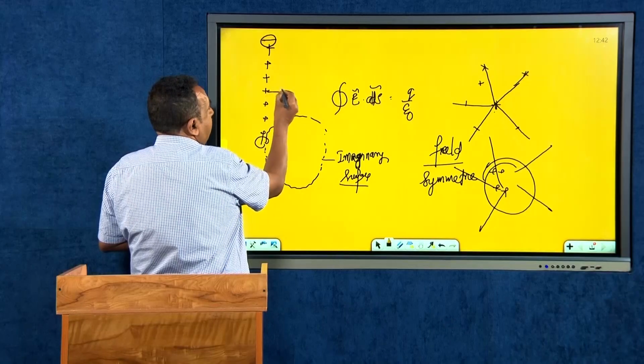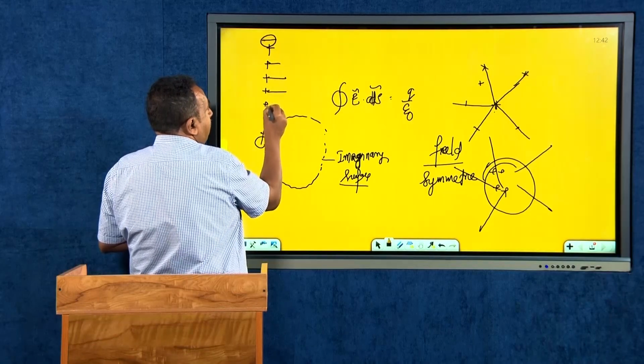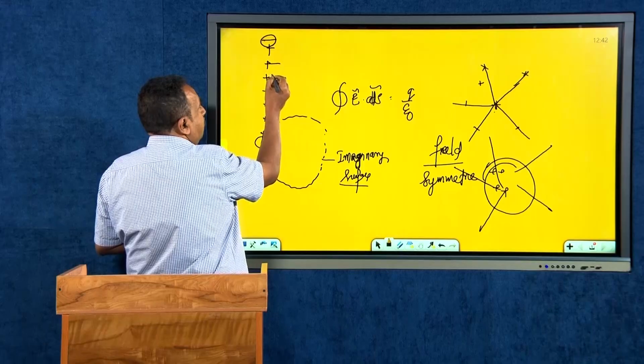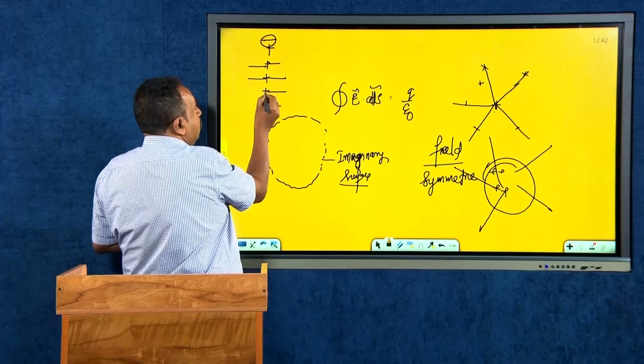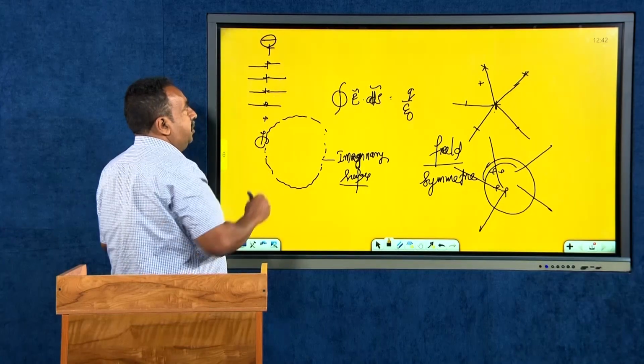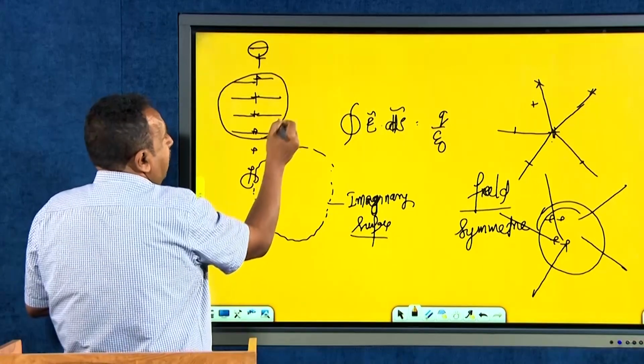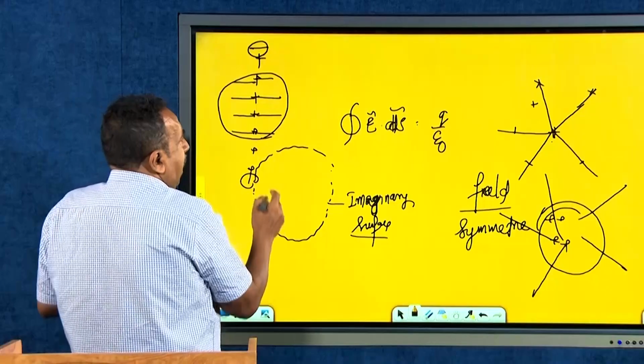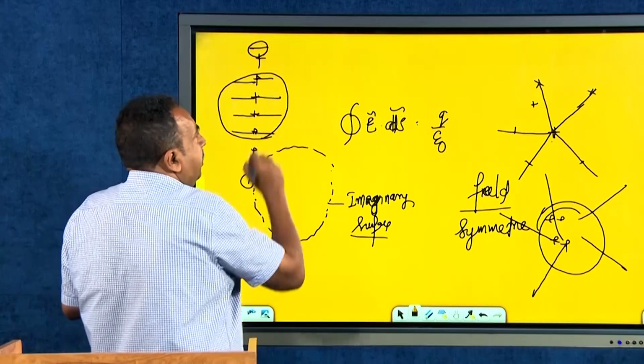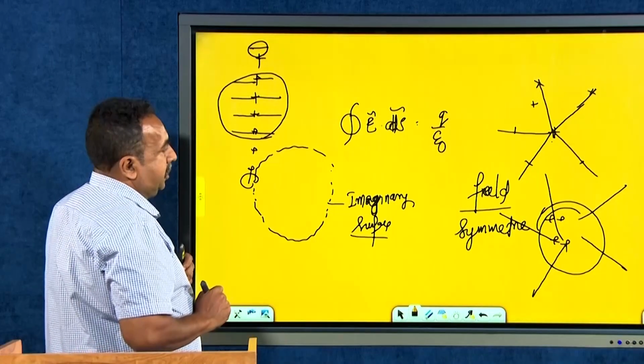If I am finding the electric field in between, in the middle of this charge distribution, the field will be symmetric around this line charge distribution. Therefore, if I am concentrating only on this region, then the field will be symmetric, and I will be able to find the electric field using Gauss's law.